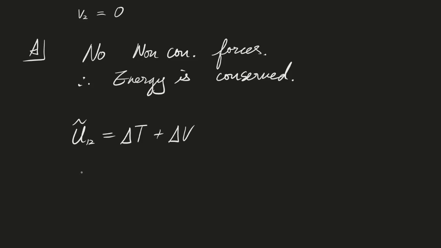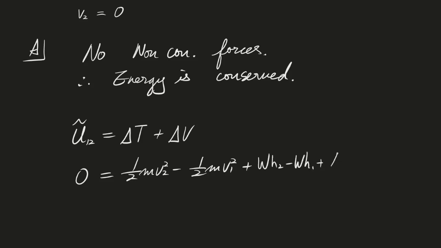And we know that the work done by non-conservative forces is 0. That will equal half mv squared plus the gravitational potential and the elastic potential, which you can define as the weight force times H2 minus the weight force times H1 plus the change in the elastic potential energy.